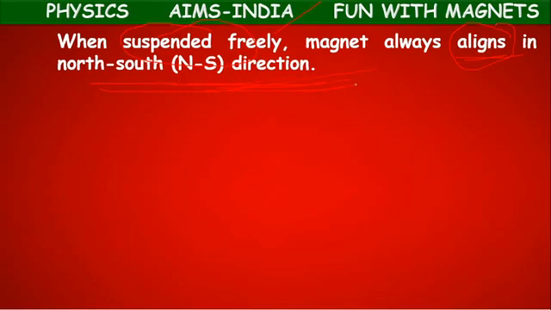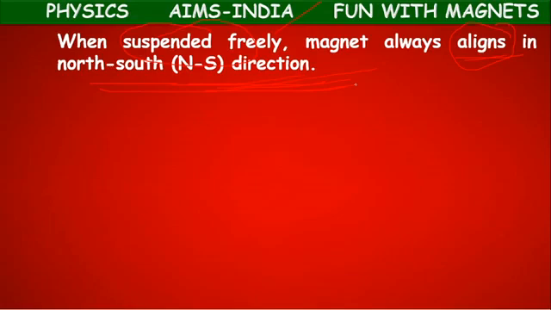So what is the meaning of suspended freely? Actually, in normal usage, suspended means removed from job. That meaning will come, it's an English word. In physics, suspended means hanging from a rod or from a beam. Freely means without any application of force.